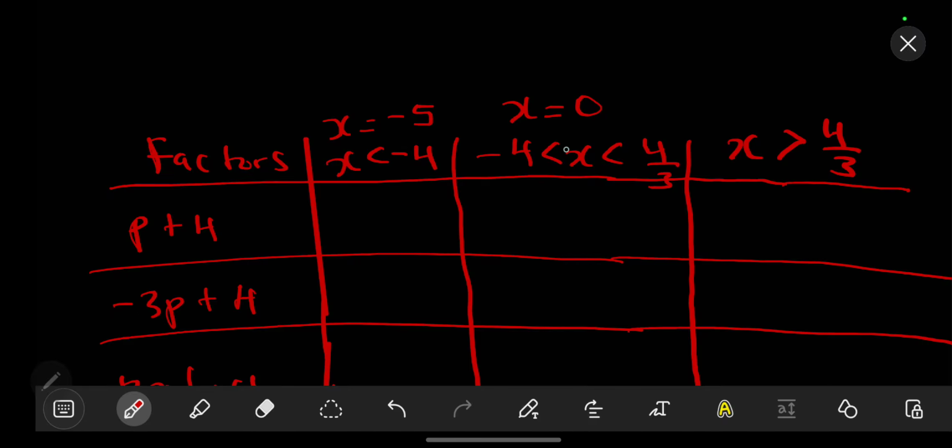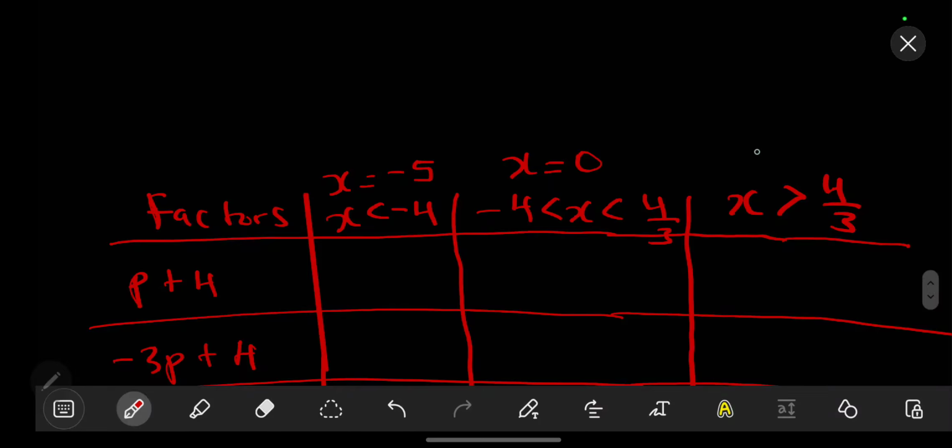You can use any value in this range. Then if x is greater than 4 over 3, which is 1.333, x could be equal to 2.